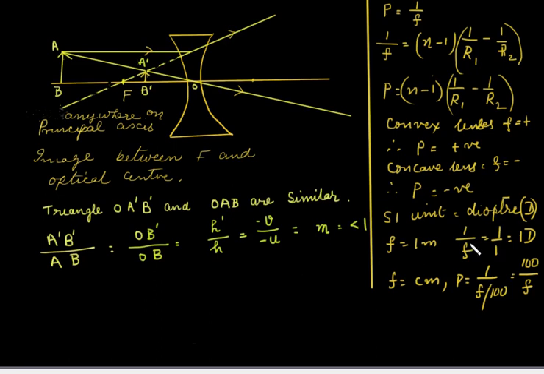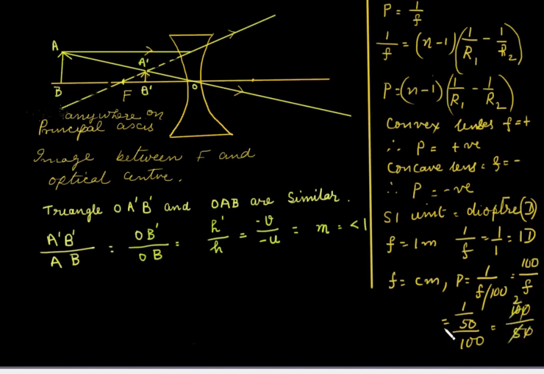If it is 2 meter, you have to write 1 by 2. Then diopter becomes 0.5. Similarly, if it is given in centimeters, focal length is equal to 50 centimeters. So what do we do? Power is equal to 1 by 50 centimeter divided by 100. That becomes 100 by 50.